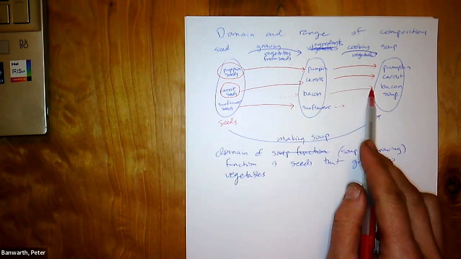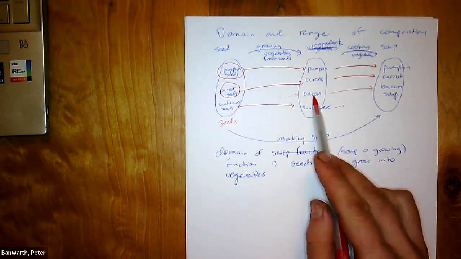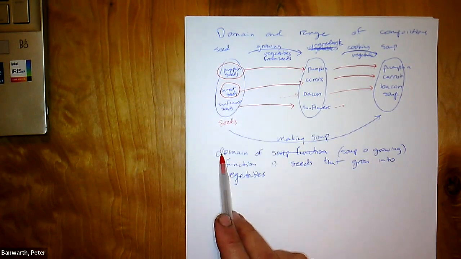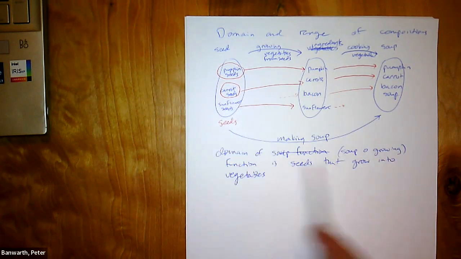And the bacon is going to go in my soup. But even though it's an ingredient, it didn't grow from a seed. So it's not in the domain of my soup composed with growing function.